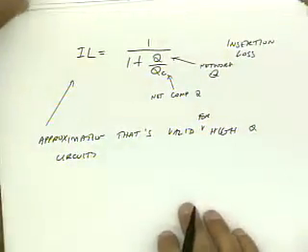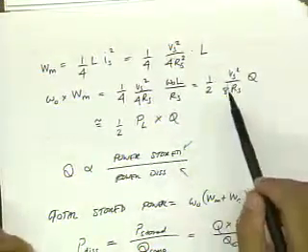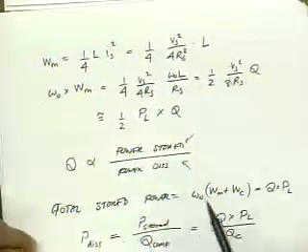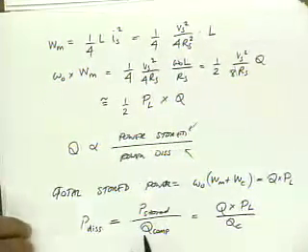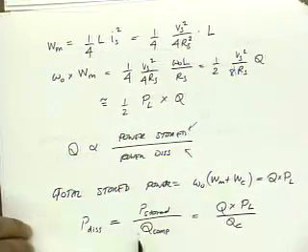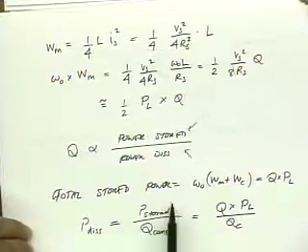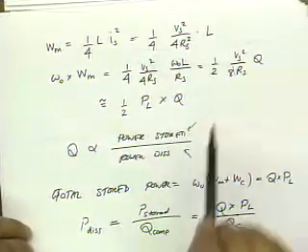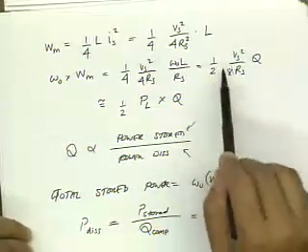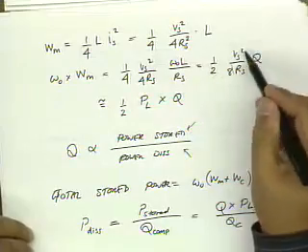The reason it's an assumption is I made a lot of assumptions here. The biggest assumption at this point is assuming that the power dissipated is simply the power stored divided by the component Q. Even though this is exact, I don't really know the power that's stored that accurately. I assumed that this is roughly the power that's stored, because really the power going to the load is not really this.